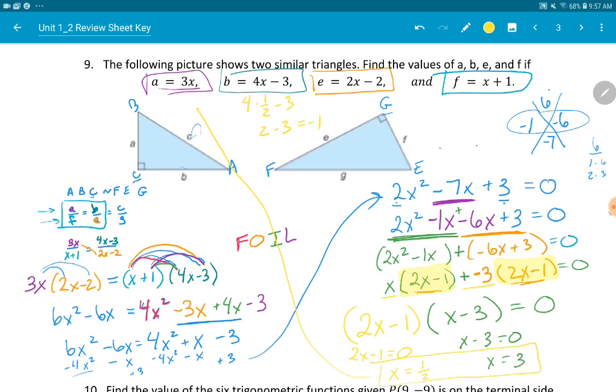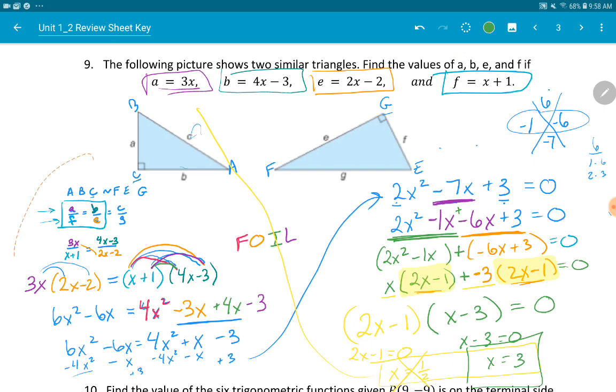We're saying that side b is negative 1, which is not possible because it's a triangle with sides that exist. It can't be negative. So that eliminates this possibility, and that is not an answer. So our only option is x equals 3. Then I have to plug that in for a, b, e, and f.